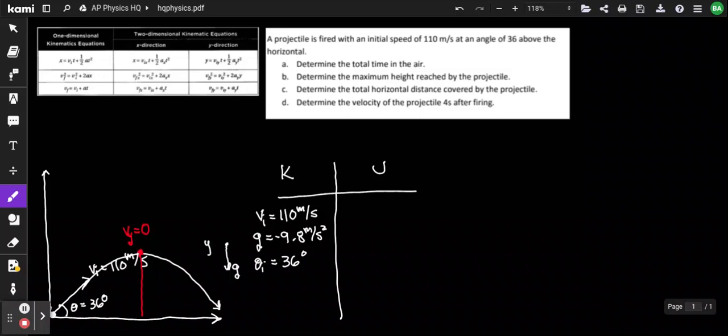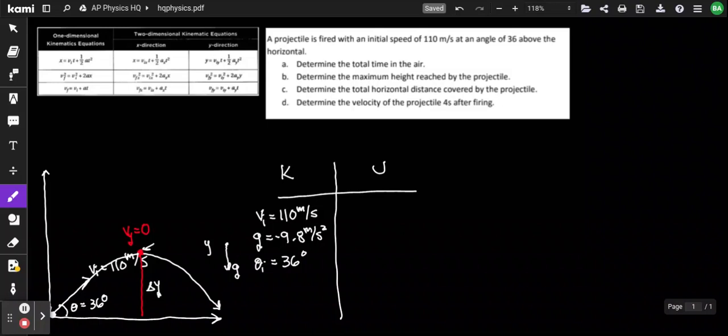But we do know that at the peak height, our final velocity at this point will be zero. So our first step is to look at things in the y component in order to find the maximum y displacement, which is called delta y.